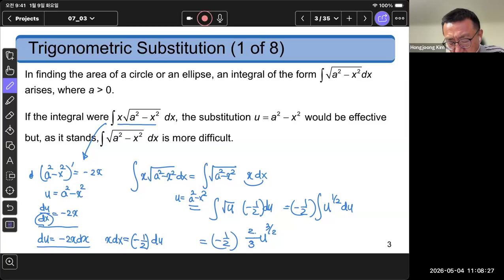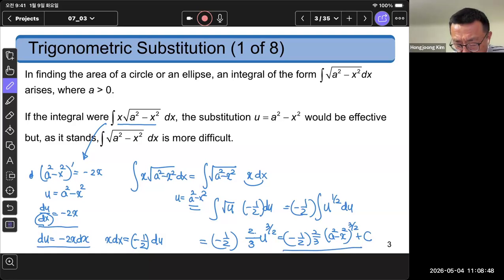And then if I replace u with a squared minus x squared, we get the integral of the original problem.